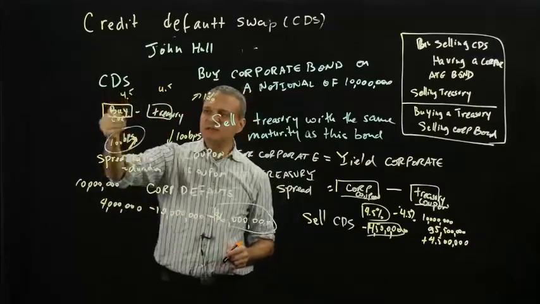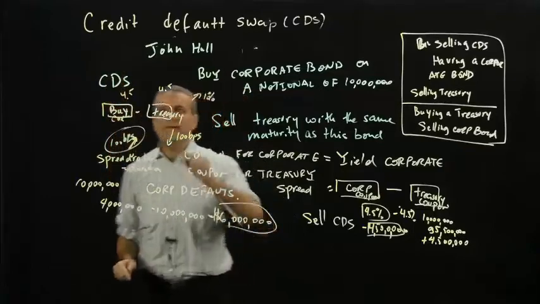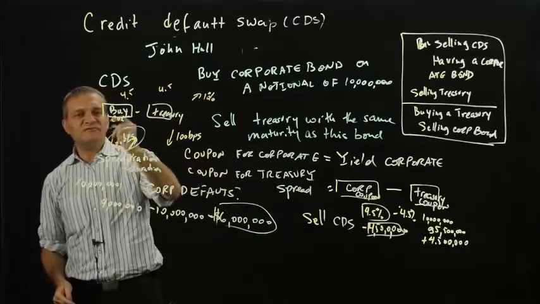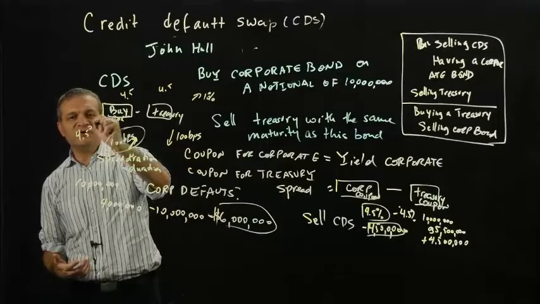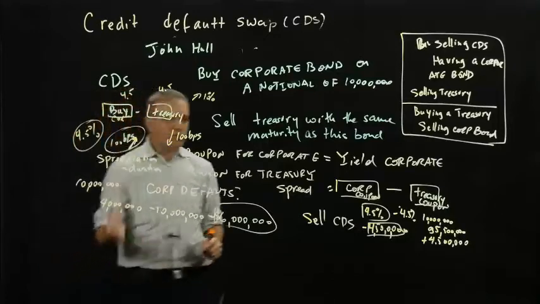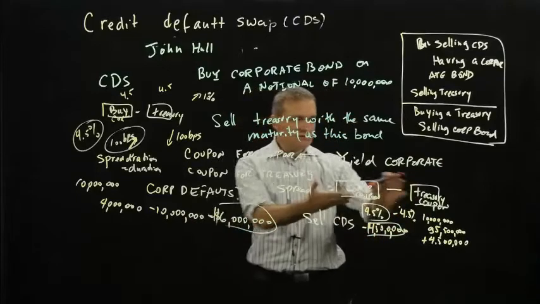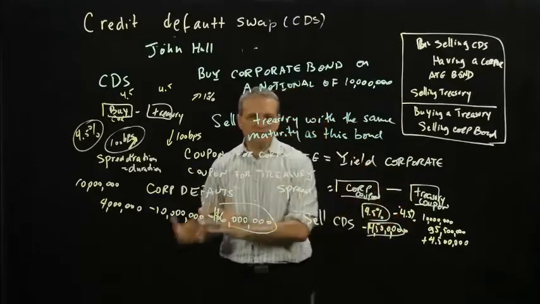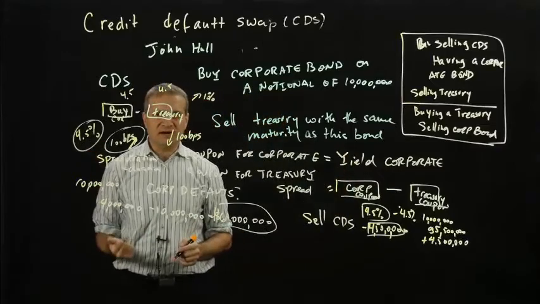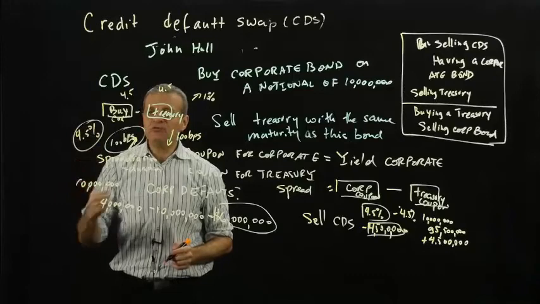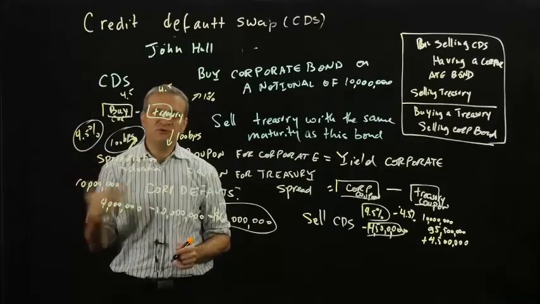If they have close to the same durations, they will lose 4.5% on both, because we know that initially they trade close to par. We said yield equals coupon in this kind of portfolio. They will lose the same amount of money, so this portfolio will be neutral to interest rates.